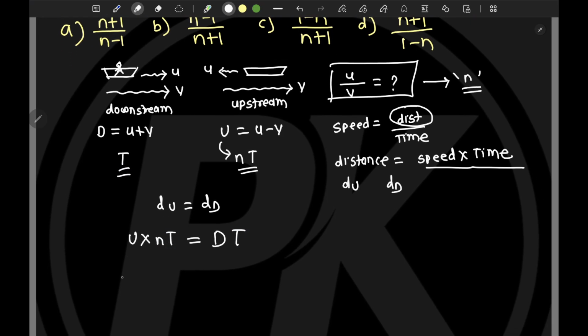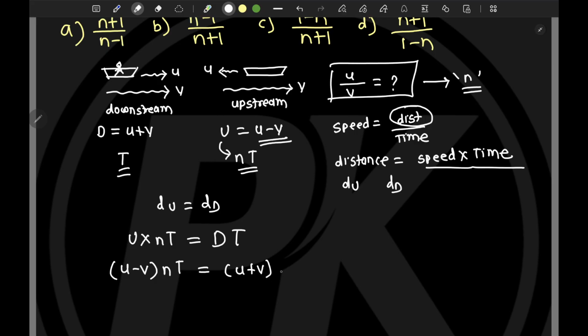Upstream it is u minus v, so I'll write u minus v into n into t is equal to, for capital D, u plus v.